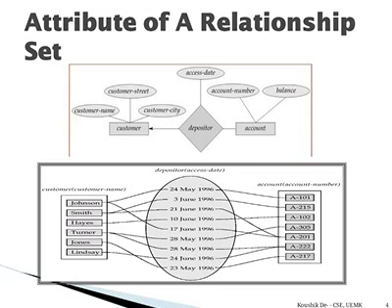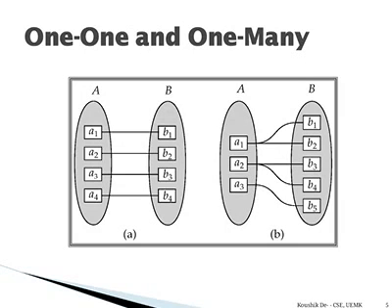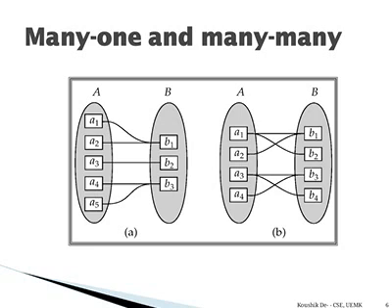But if we see it the other way, that many accounts are associated with one customer, then we can say it is a many-to-one relationship. That means one customer has n accounts, the number of accounts.